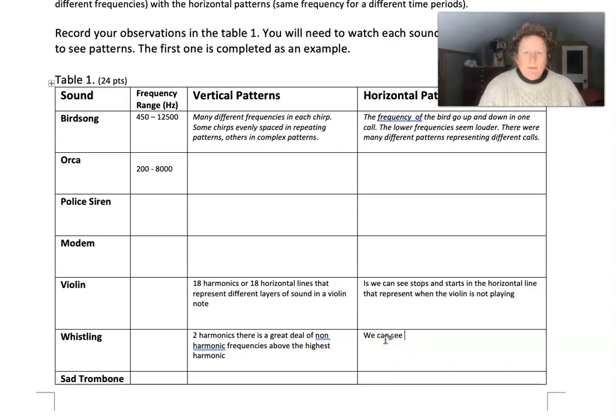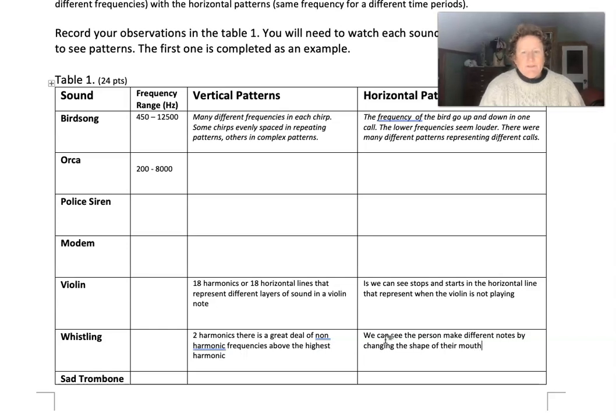We can see the person make different notes by changing the shape of their mouth.